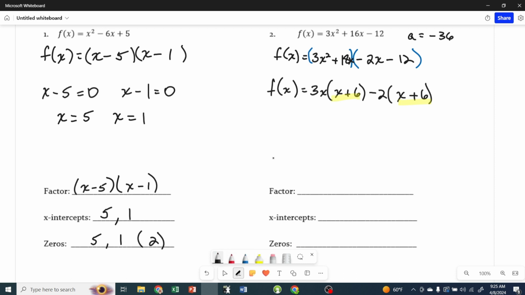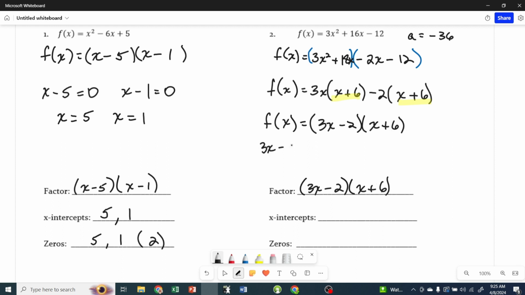So my factors now are 3x minus 2 and x plus 6. So we're going to put that down here: 3x minus 2 and x plus 6. To find our x-intercepts, we set each of these equal to 0.